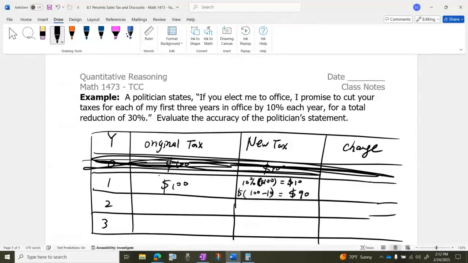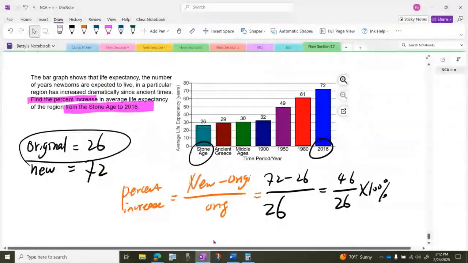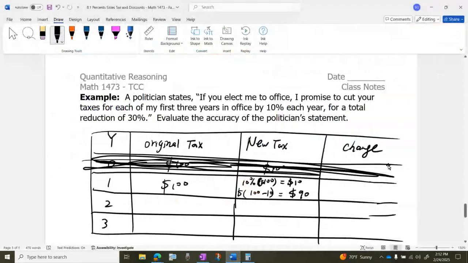Your new tax is $90. Are you guys with me? See the 10% off as a discount. So now you pay $90. The change we're going to do later.